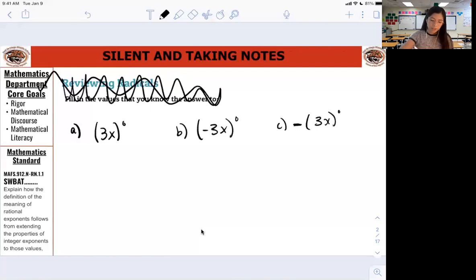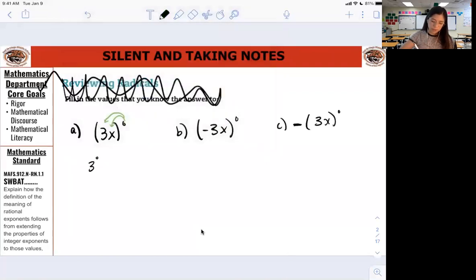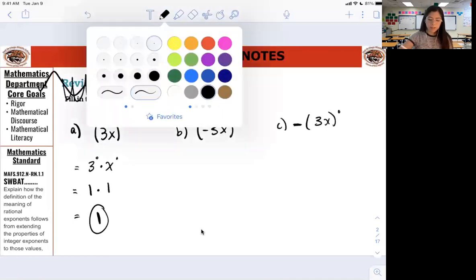I just want to show you what that does. In example A, we distribute the 0, same as before. This would be 3 to the power of 0 and x to the power of 0. 3 to the power of 0 is 1 and x to the power of 0 is 1. 1 times 1 is 1. So this one's just 1. What about B though?